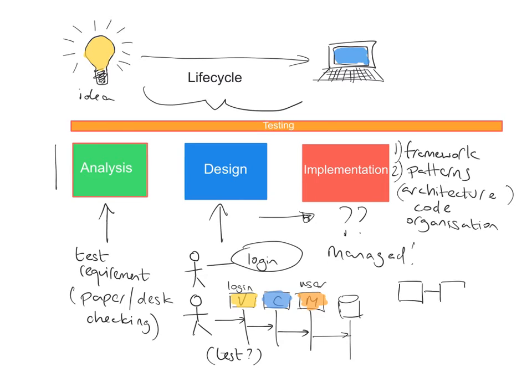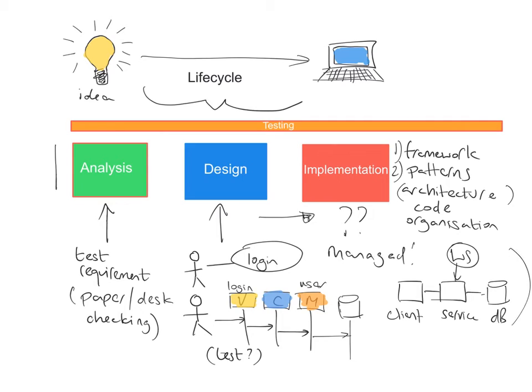Chances are it is distributed over some sort of architecture. This being a database here, and this being some sort of service here, and typically this would be a three-tier architecture of a web client, a web server, which is possibly offering some other services, and we may have web services coming in here, which is all attached to a database.